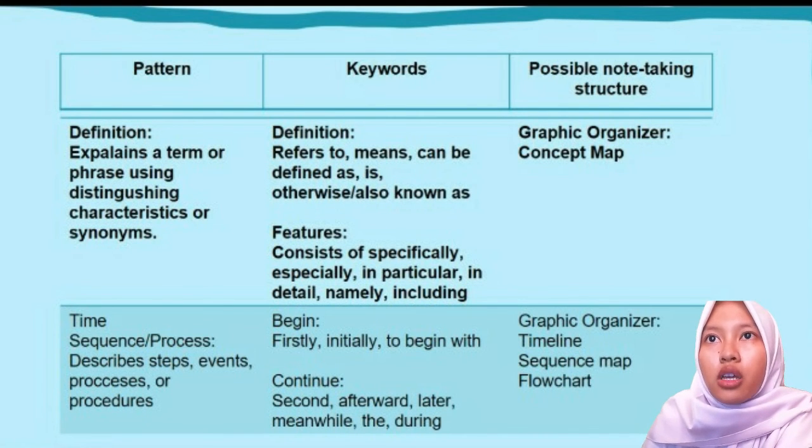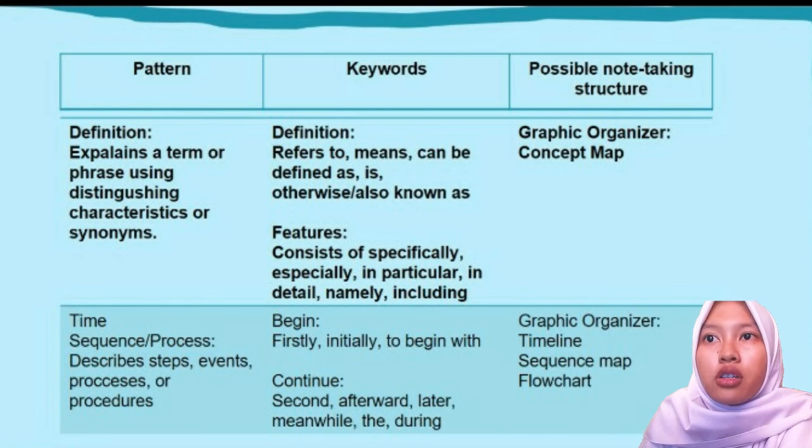Number 2. Keywords. Definition keywords are refers to, means, can be defined as, is, otherwise, or also known as. Feature keywords consist of specifically, especially, in particular, in detail, namely, including.